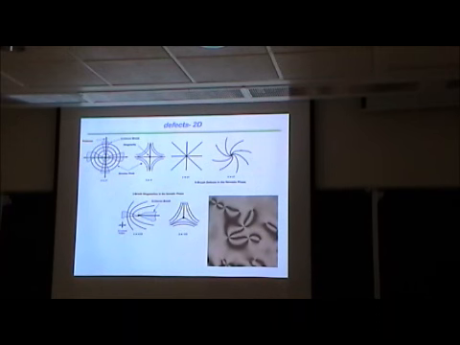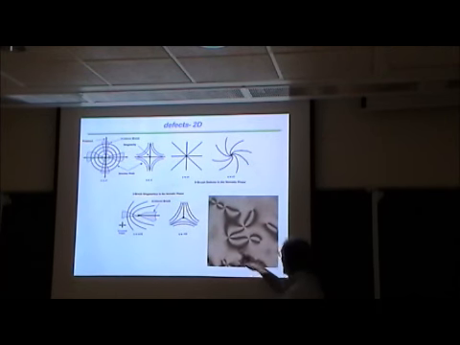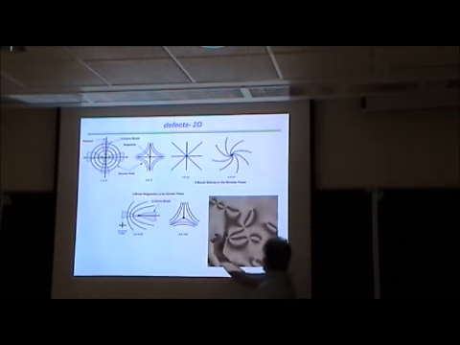How do you distinguish the two +1s? Okay, so how would you distinguish this from this? In your microscope, you'd have a picture like this. You obviously see the birefringence, but in this picture, you can't tell whether the director here is radial or tangential.